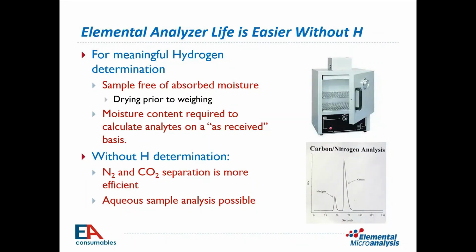You'd have to calculate it back in again. So if you do not need to analyze hydrogen, we can just remove it prior to the determination, which makes things easier. Higher efficiency GC packing can be used to separate the larger concentrations of N2 and SO2 without greatly extending the analysis time.